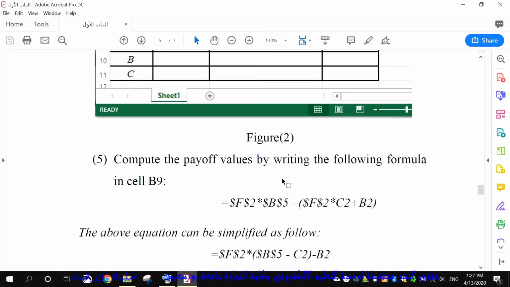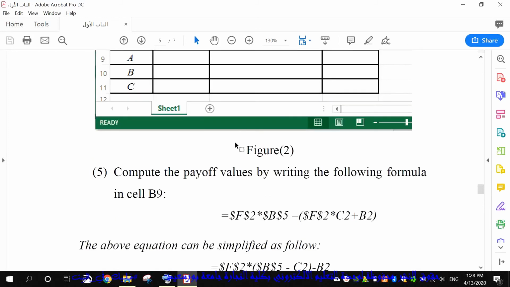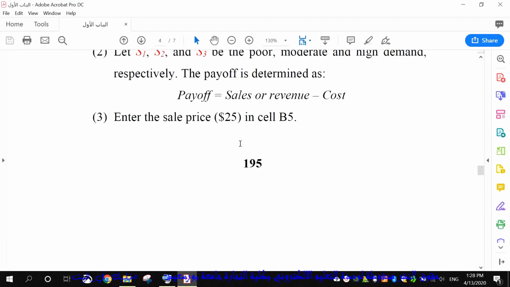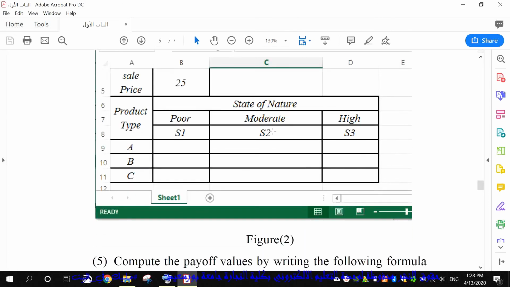So the payoff matrix is sales or revenue minus cost. In this case, this matrix is called the profit matrix.